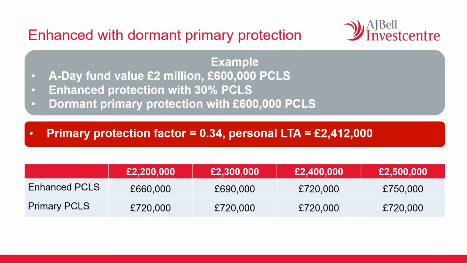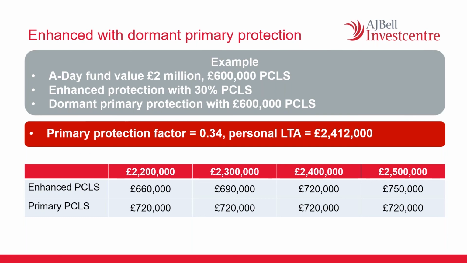What you'll notice is that the primary PCLS doesn't change no matter what the fund value is across the top, because of the way primary protection works, and you just have this uplift of 20%, PCLS is always going to be £720,000, whereas if you have enhanced protection, it's 30% of whatever you're crystallising. So if your fund value is only 2.2 million, then your enhanced PCLS is only 660,000, whereas under primary it would be £720,000.